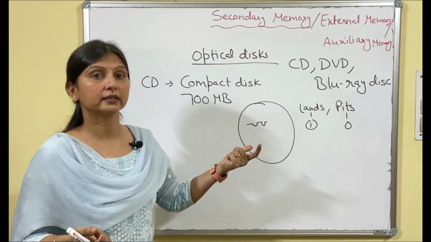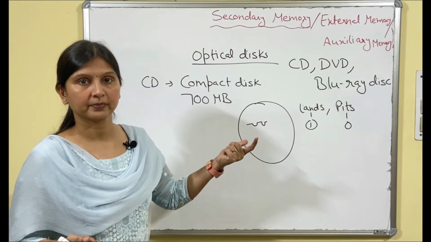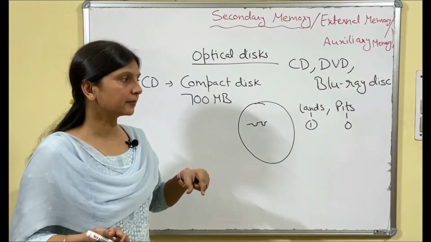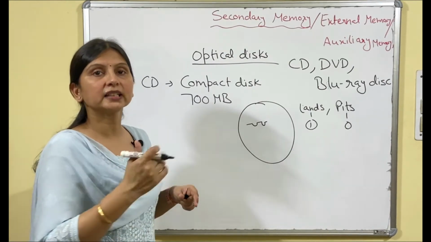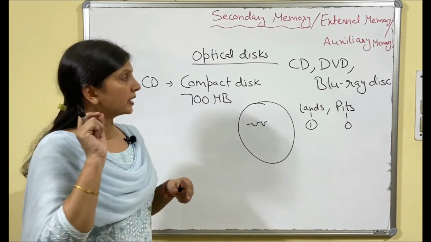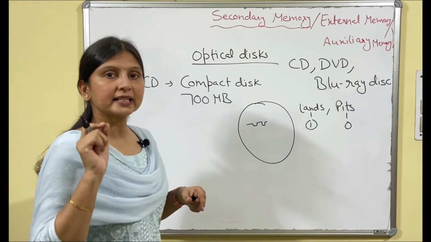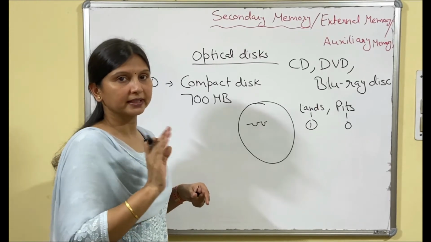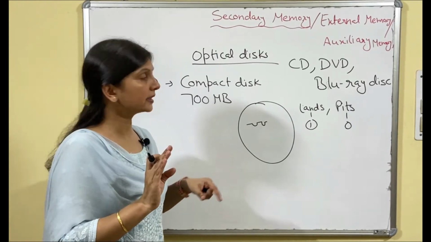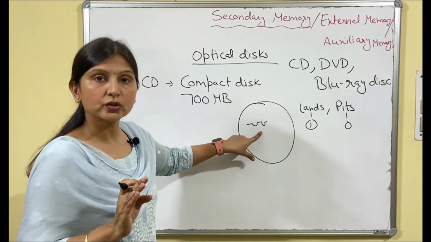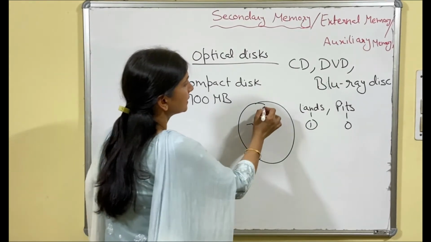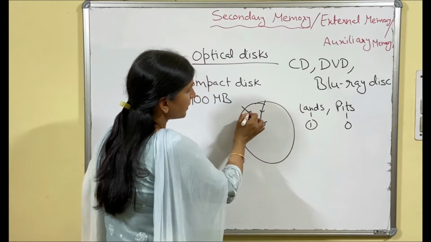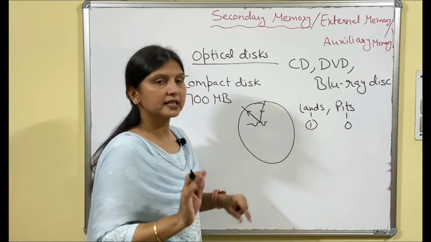Now from where does the laser beam come? To read or write anything on the CD, you put your CD in the drive. In the drive there is a laser head, and through that laser head the laser beam is transmitted, and when it falls on the surface of the disk, land reflects the light back and pit doesn't reflect.